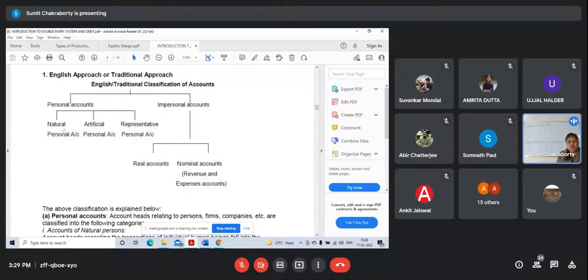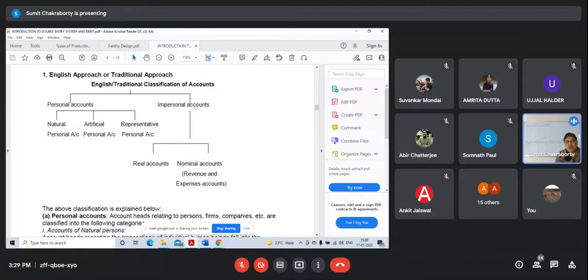Salary account is salaries of professors, salaries of non-teaching staff, security staff, whoever, the administrators. So if you club them up and record in your accounting book, that will be a representative personal account.